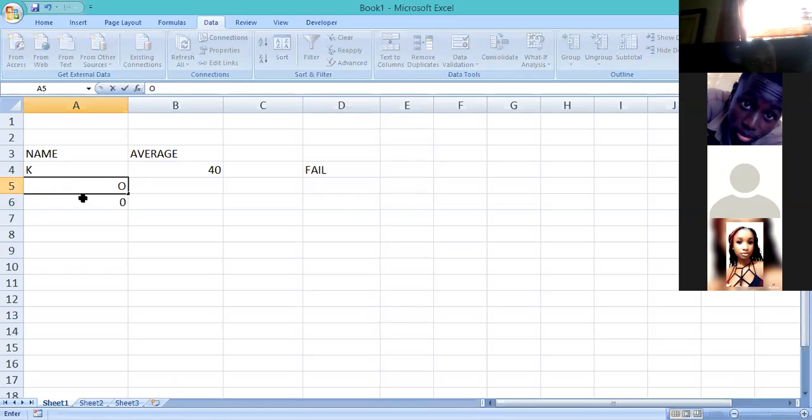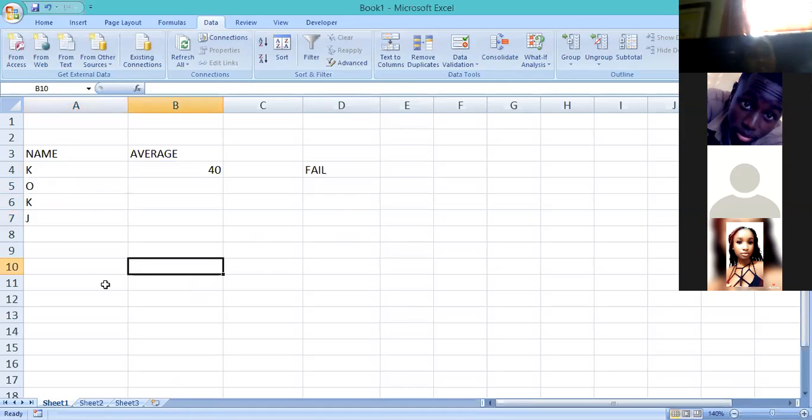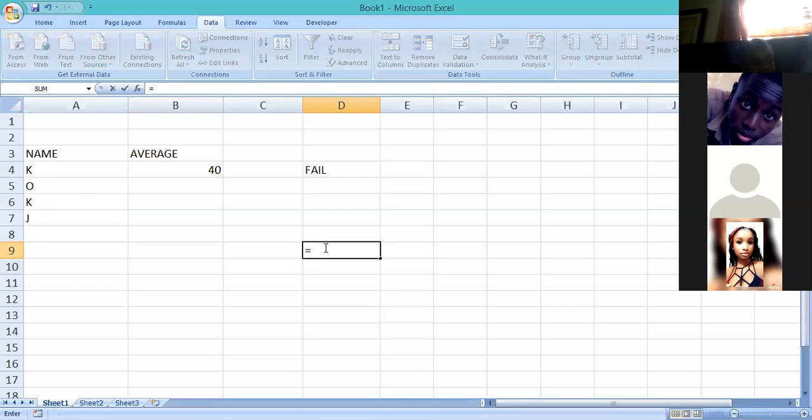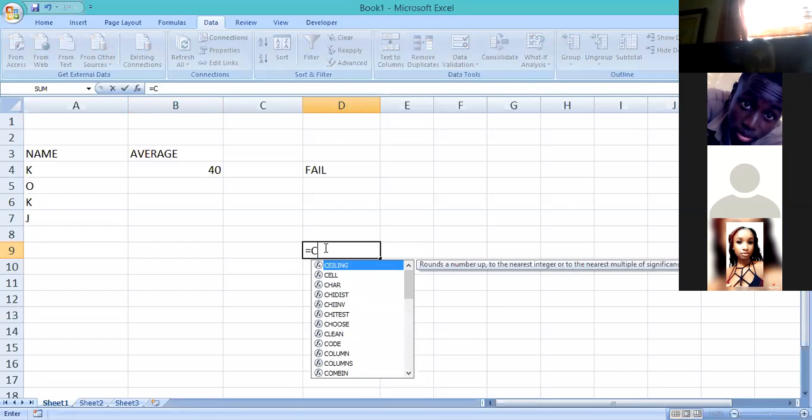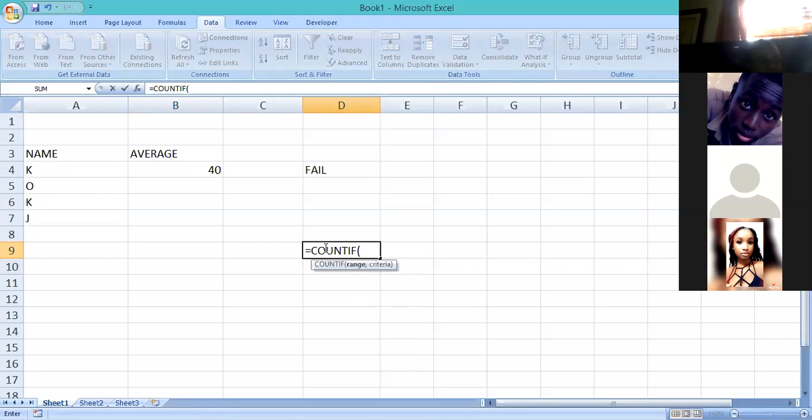So these are the person's names, K, O, K, J. So we can use the count if, say we want only those persons whose names are K. So you want to count only those persons whose names are K, you would say equal count if, open bracket, and the cell range would be A4 to A7, comma, then you put in quotation marks K because you want K, close bracket.